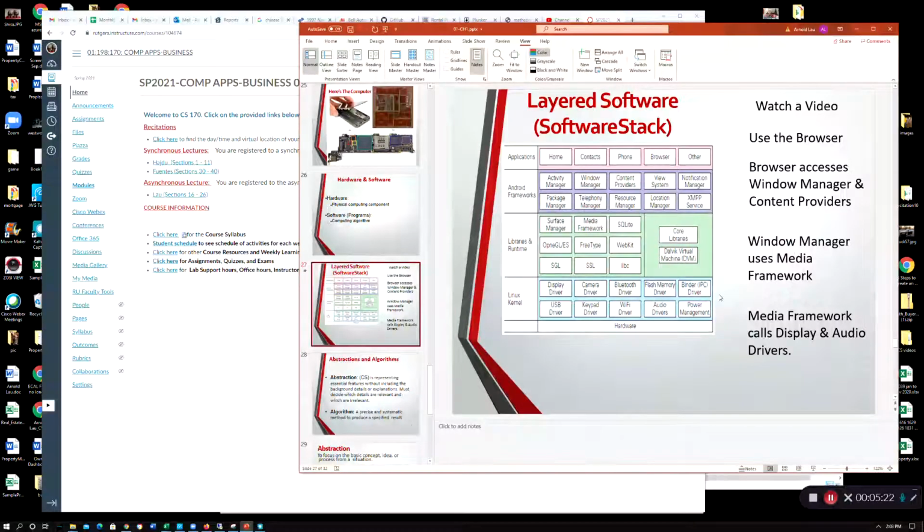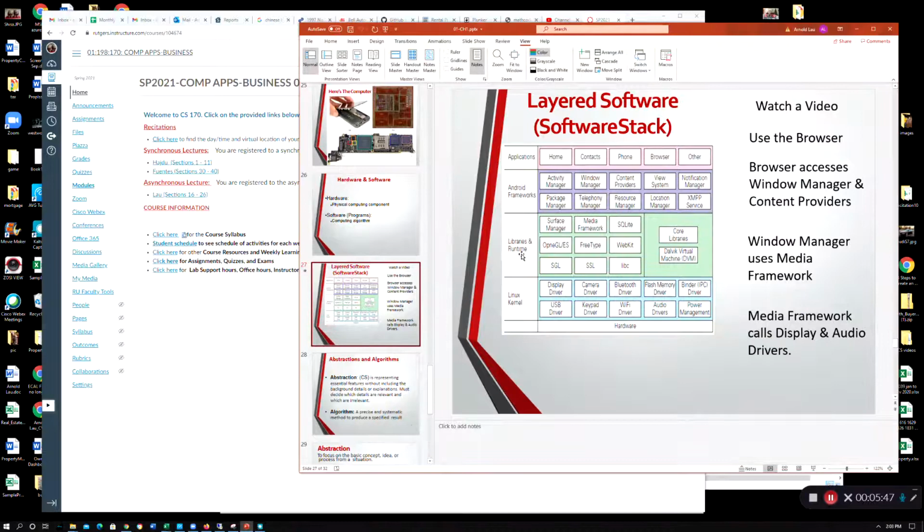So when you think about how to manage the power, how to connect to other devices, how to run other devices, how to manage the memory, all that kind of stuff that you don't care about, but the programs that you use do care about. That's the first layer on top of the hardware.